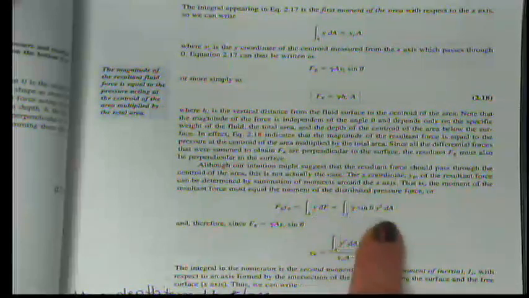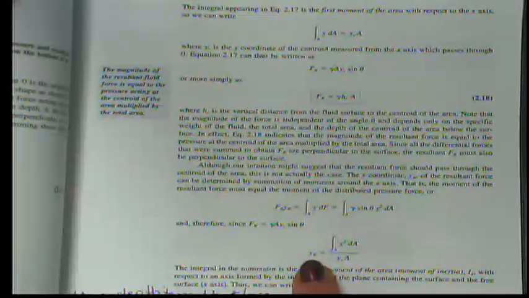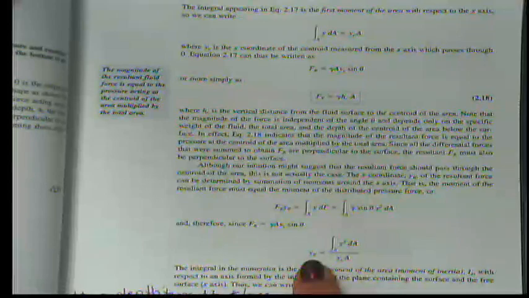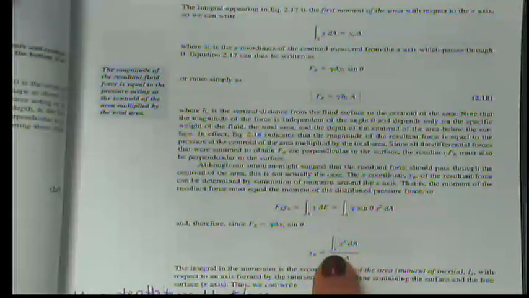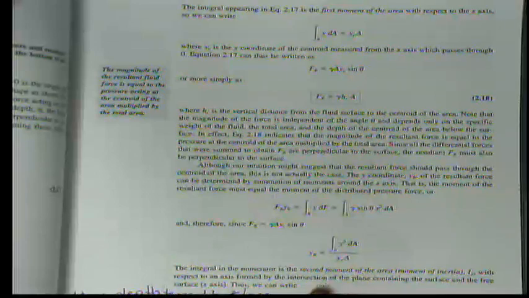And if we do the integral of that, we can see that y sub r, the location of that resultant force directed along the plate, is going to be found by the second moment of area, which is called the moment of inertia, divided by y A, which is the first moment.